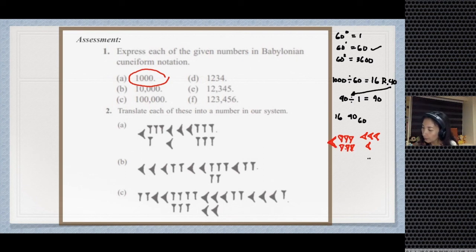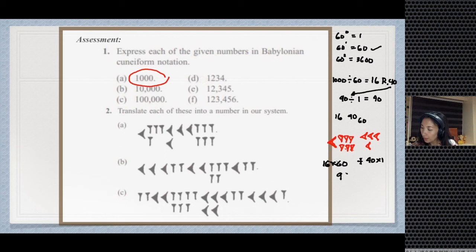So this is 40 times 1 plus 16 times 60. 16 times 60 is 6 carry 3, 960.